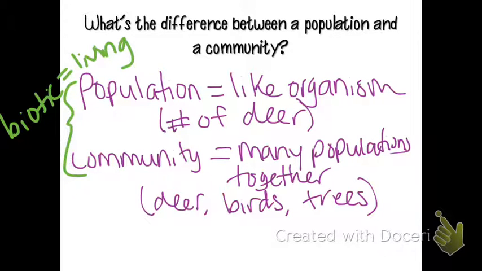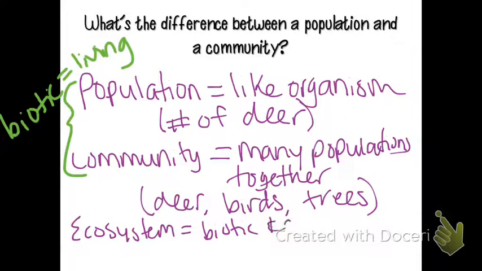Community, all of the living organisms together would equal a community. So when we get to talking about abiotic and biotic factors together, this is going to be called an ecosystem. So this is going to be the biotic and abiotic factors together.